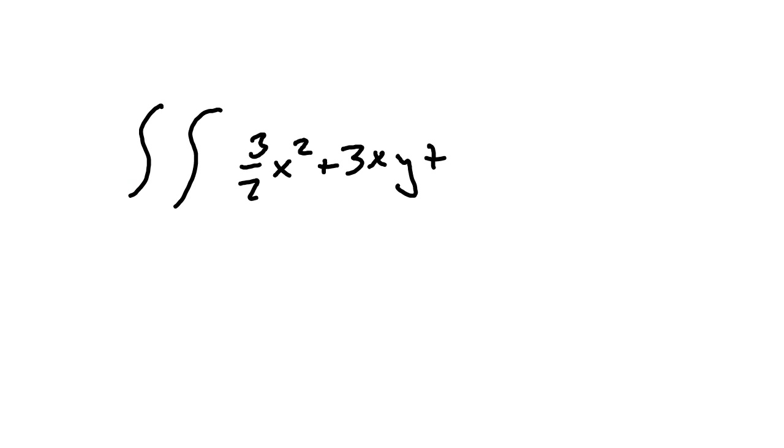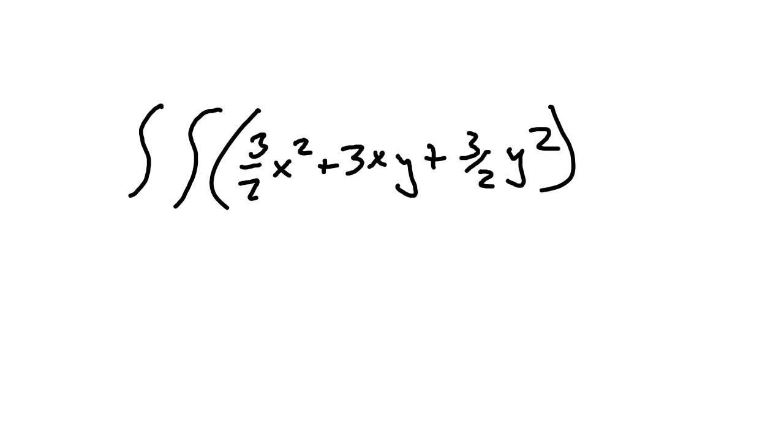So what I'm going to do is I'm going to rewrite it. So now I've got, let's go back to black, double integral, and what did we say we had? We had 3/2 x squared plus 3xy plus 3/2 y squared, I believe, right?